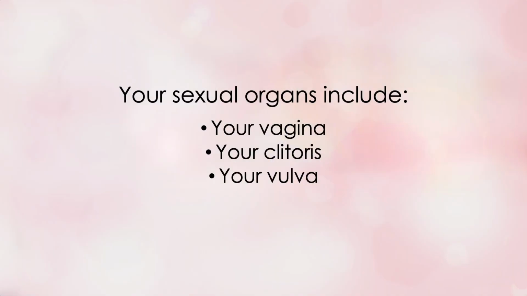Your sexual organs include your vagina, your clitoris, and your vulva. And for purposes of menopause, they also include your urethra, merely by virtue of its location rather than by virtue of its function. Here's the vulva, here's the vagina, here's your clitoris, but your urethra's right in the middle of all of your sexual organs, so it gets included in the categorization scheme.